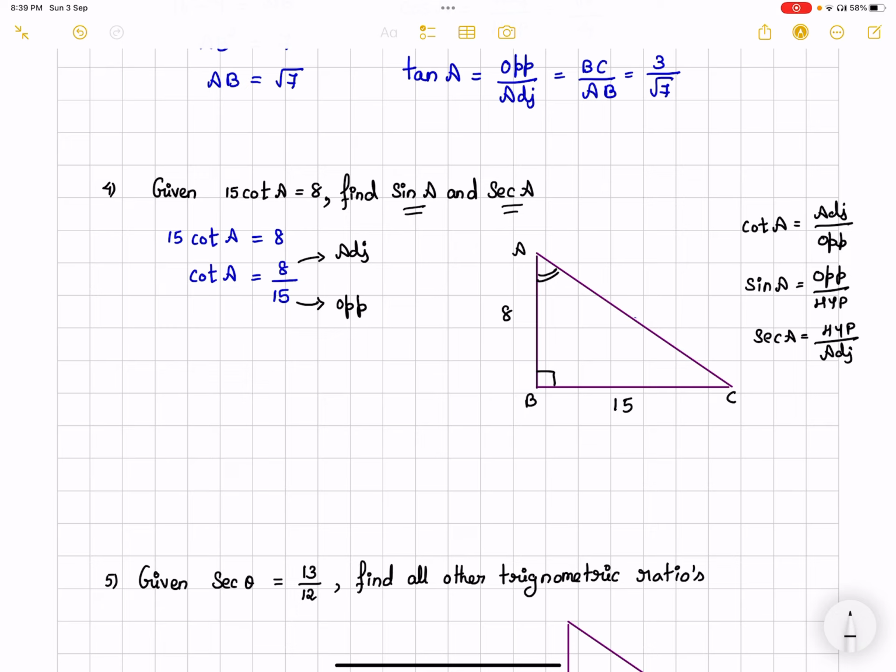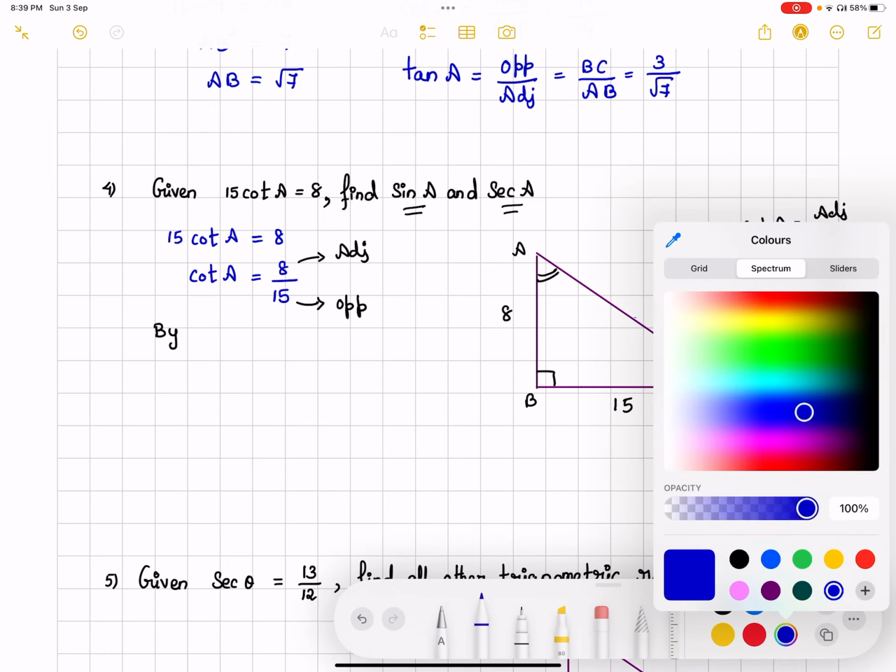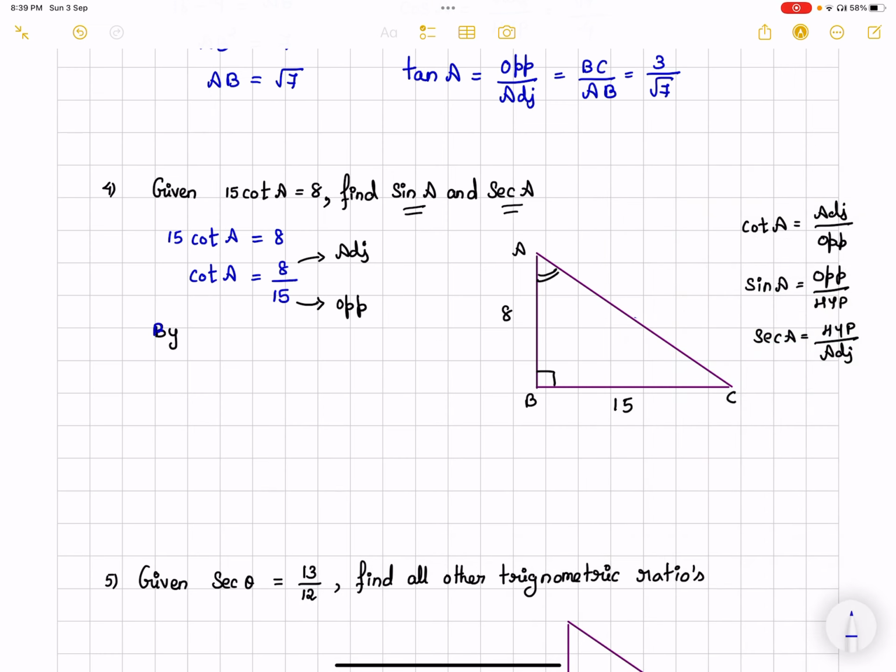Now, again, I would be using the same theorem because we are having a right angle triangle here. By Pythagoras theorem, what we would be having is AC square, that is hypotenuse square, is equal to AB square plus BC square, the sum of the squares of the other two sides.